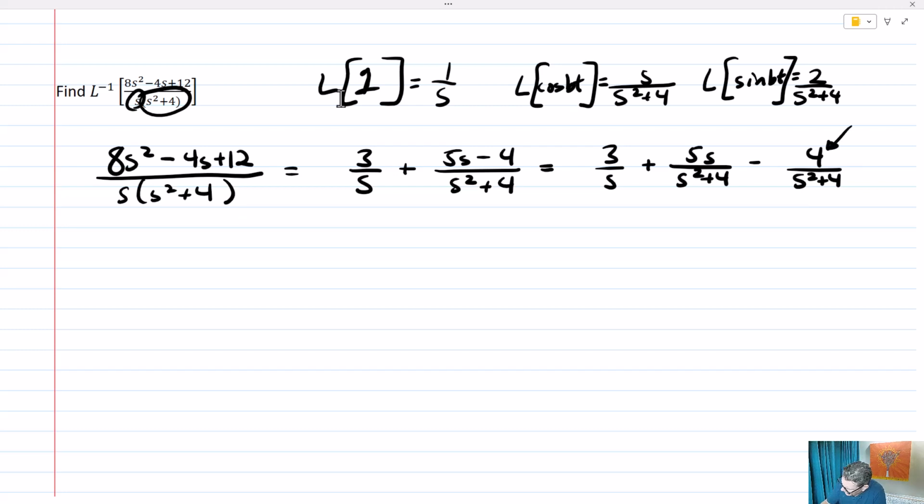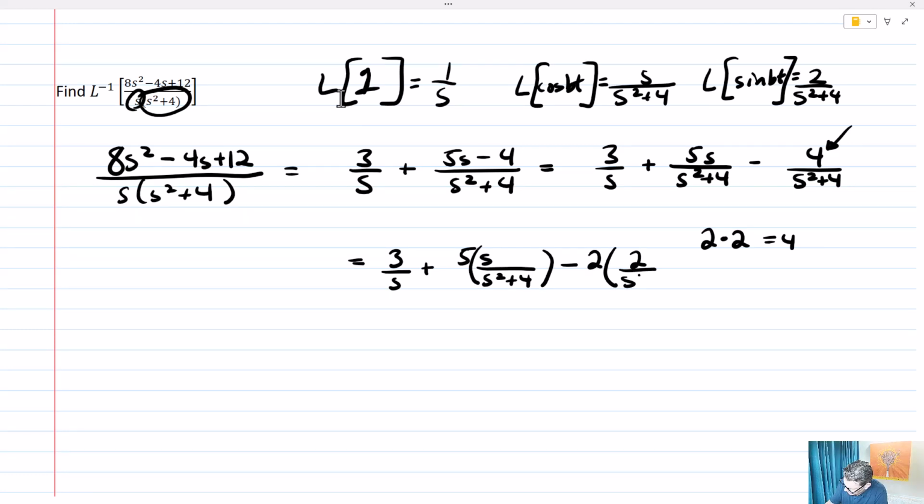So I'm going to take a 2 times 2, that'll equal my 4. So the scalar we're going to pull out is going to be a 2. If I rewrite this, this is going to be 3 over s plus 5 times s over s squared plus 4 minus 2 times 2 over s squared plus 4.